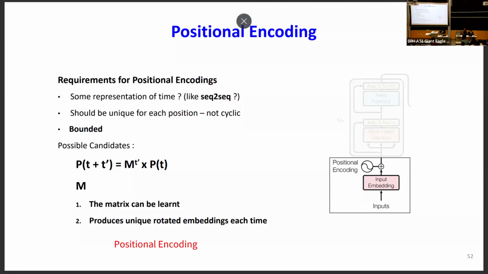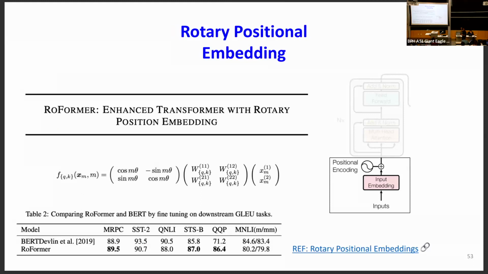Now, this concept looks a bit non-trivial, so I've cited the exact paper that you can refer to, which is on rotary positional embeddings. People who are familiar with complex numbers and math can see that the matrix M, for a very simple two-dimensional case, can come out of the product.